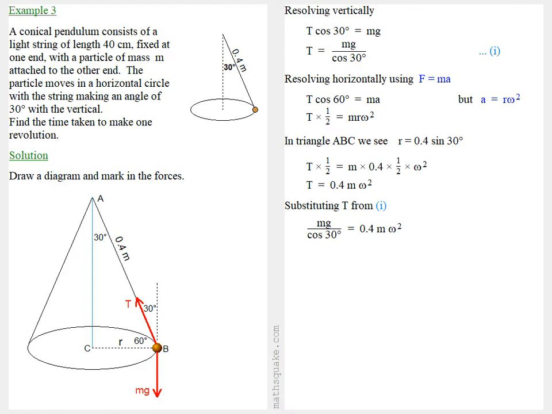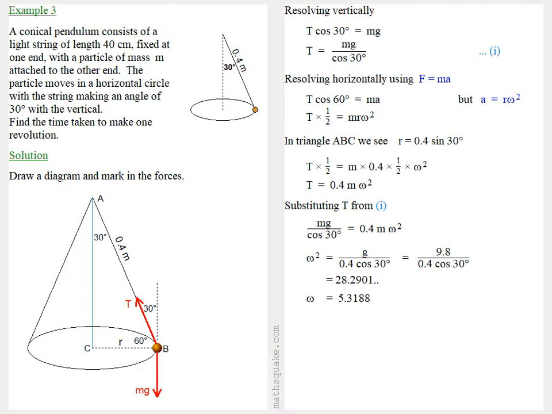And the m's cancel. We can divide both sides by 0.4, so that gives us omega squared equals g over 0.4 cosine 30, or 9.8 over 0.4 cosine 30. And that works out to be 28.2901. So omega is the square root of that, which is 5.3188.